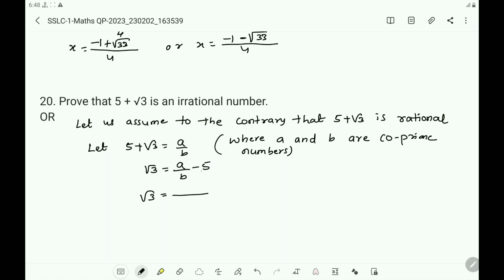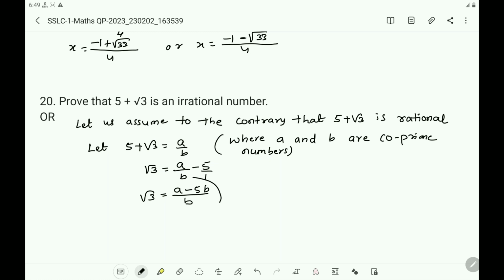LCM is 1, because a by b minus 5 by 1. Then LCM of b and 1 is b. You write b in the denominator. In the numerator you will get b into 1 is b, so a into 1 is a only. Then you write a minus 1 into b is b, so 1 into b is b means multiply this 5 by b. So 5 into b is 5b.